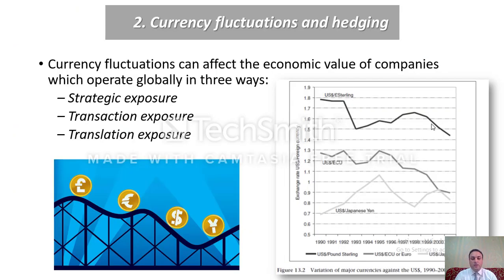First, let's see the first topic, currency fluctuations and hedging. Currency fluctuations can affect the economic value of companies which operate globally. As we can see here, the variation of measured currencies against the US dollar. We can see from the first scale the US dollar to the sterling pound.